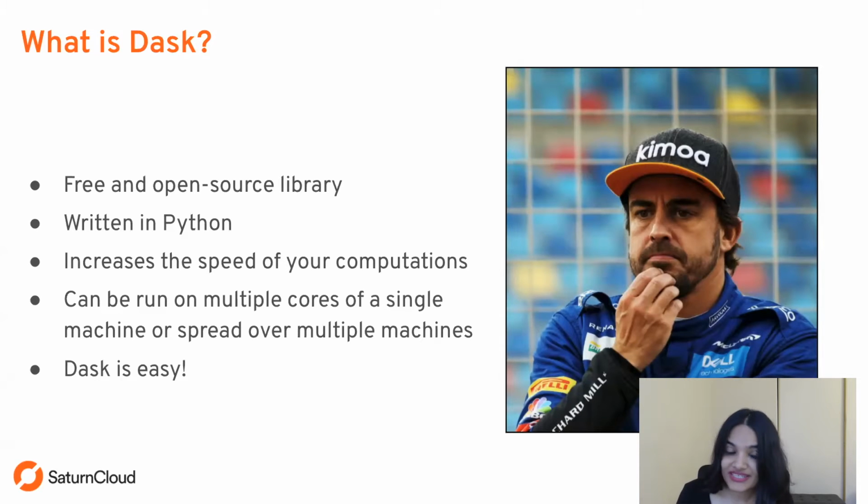Dask will increase the speed of your computations, so you can distribute your work across multiple cores if you are working on a single machine, or you can use something like Dask distributed and work on multiple machines. And the best part is that Dask is easy. If you know how to write your functions in Python, then switching to Dask is not a big deal. I will be showing some examples around that.